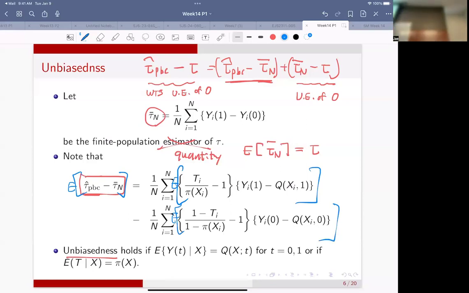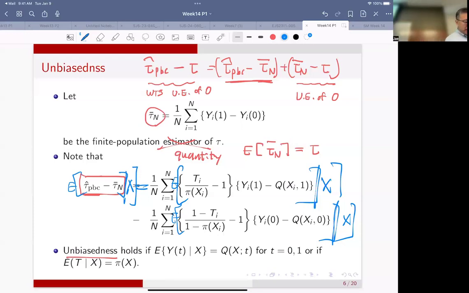But we want to take the expectation conditional on x, so we don't have to treat x as a random variable. Once we condition on x, the only things random are y and t, while x is fixed.